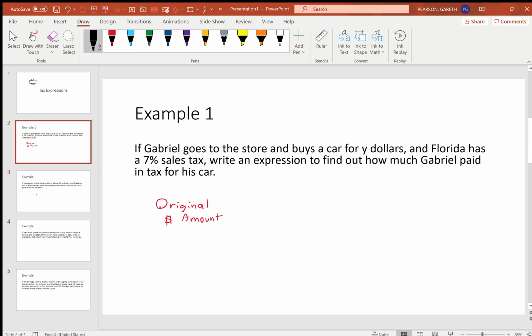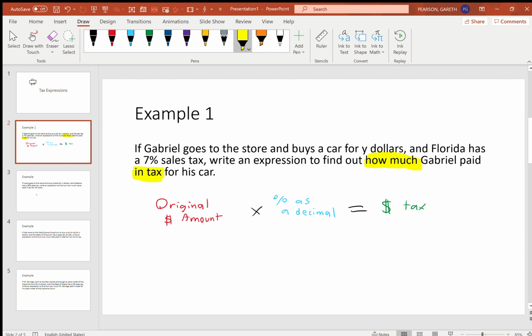You would multiply that times the percentage as a decimal, and that would equal the amount of money paid in tax, right? Remember, we are specifically looking for how much Gabriel paid in tax, so we're only looking for the tax.